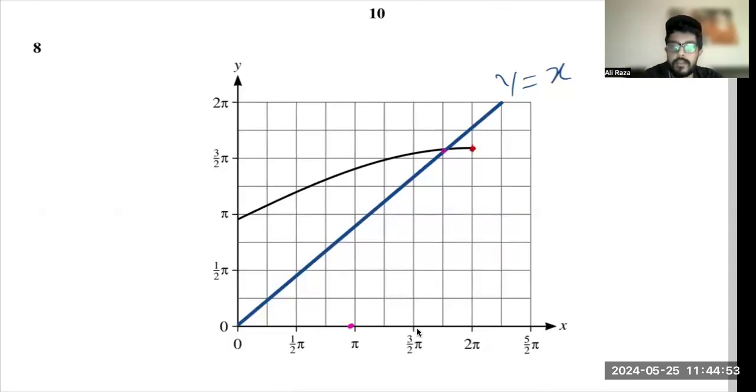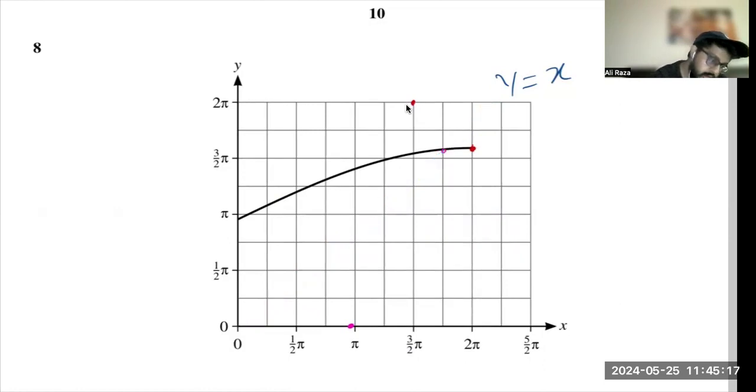So we'll have 3 pi over 2 comma 2 pi as well. The y is equal to x line should be passing through pi, pi and 2 pi, 2 pi.